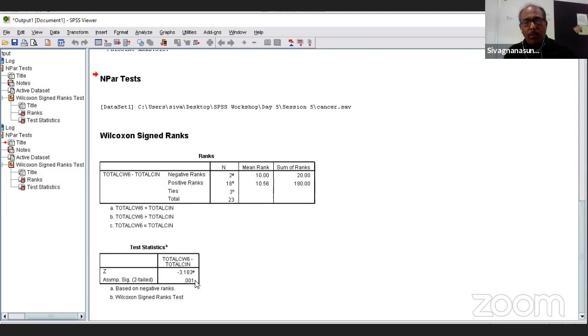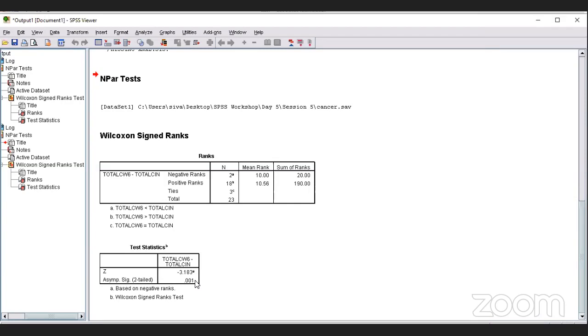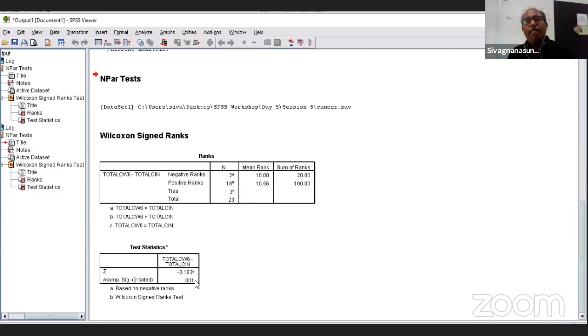So I can conclude that there is a difference in the condition of the patients. So going back.